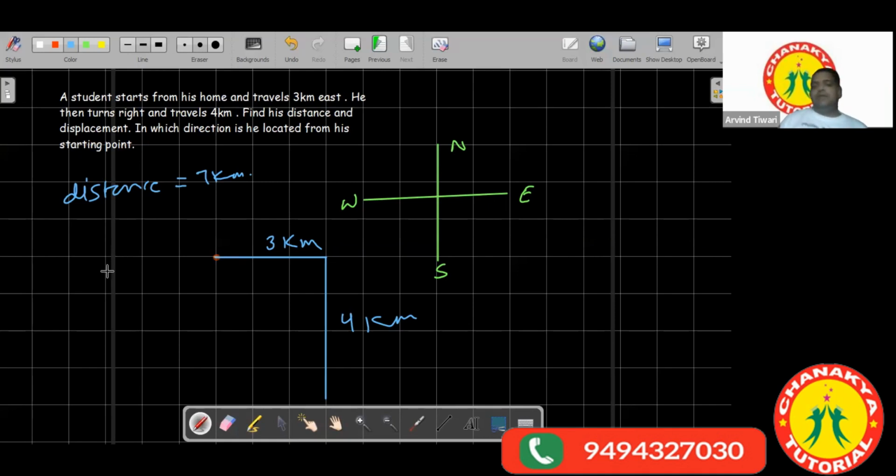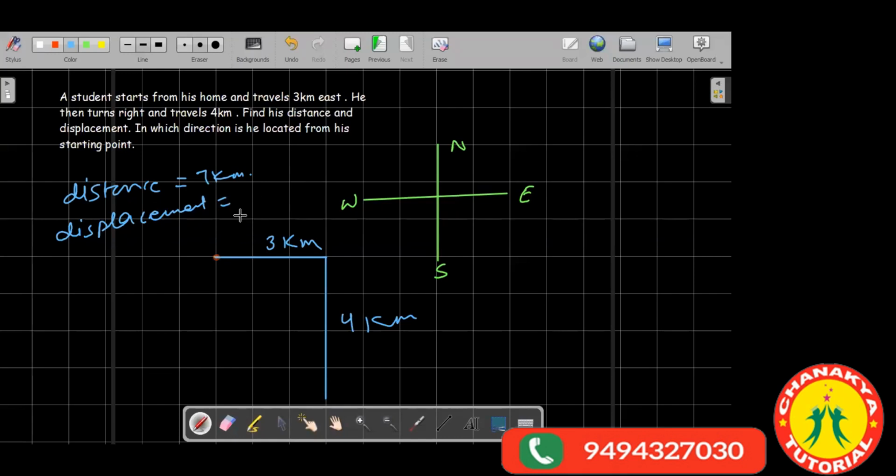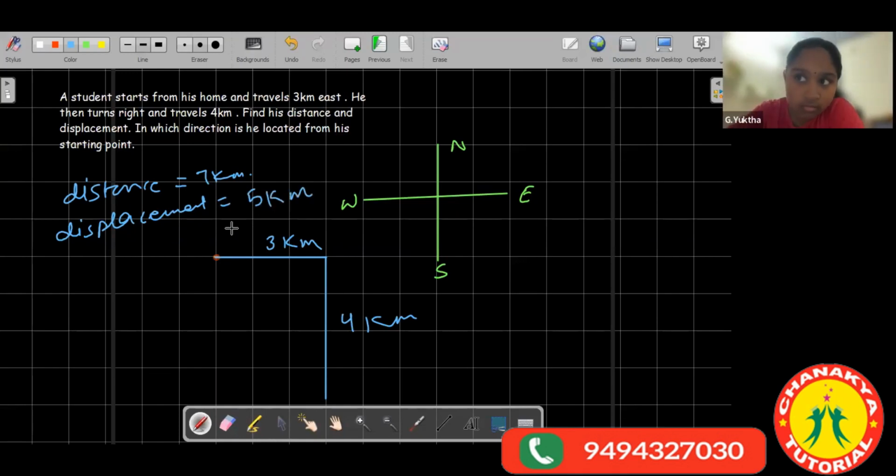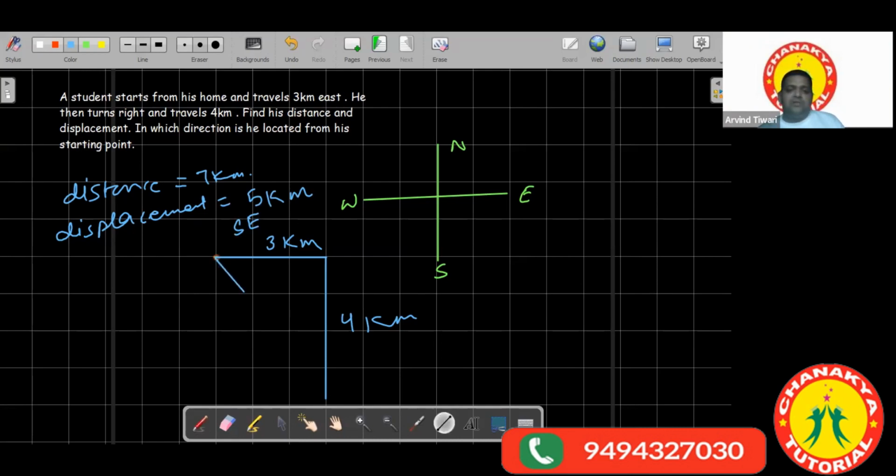So the distance is 7 kilometers and displacement would be 5 kilometers southeast. It's towards southeast from its starting point. If you observe from the starting point, he is currently located in the direction of southeast.